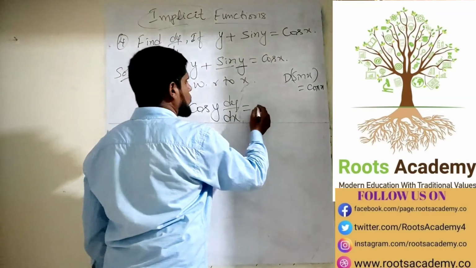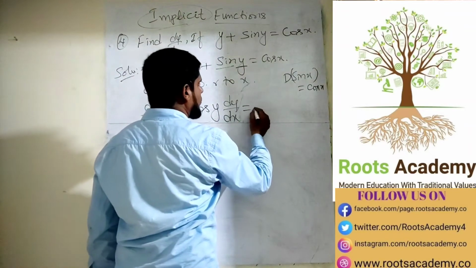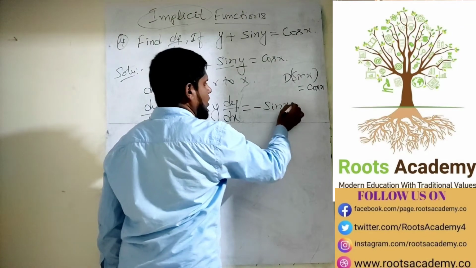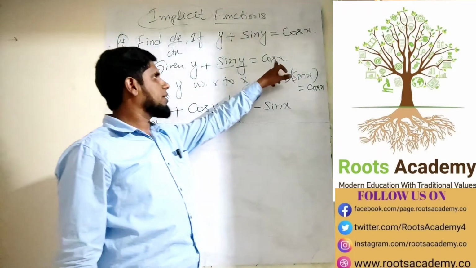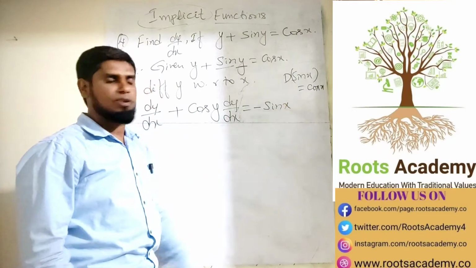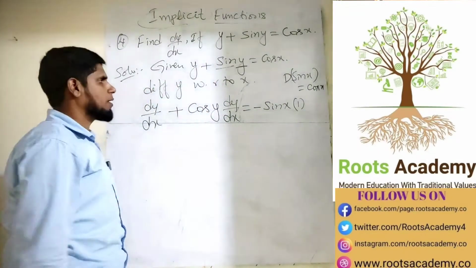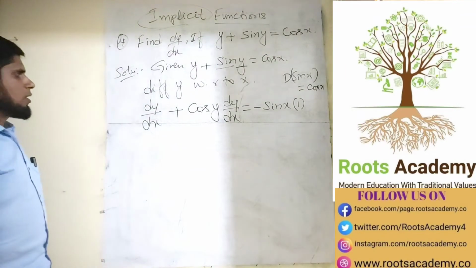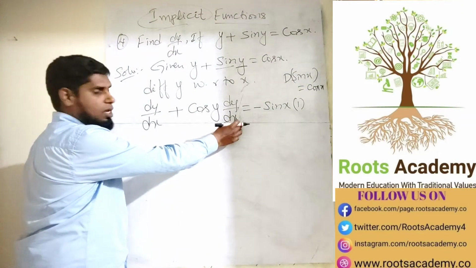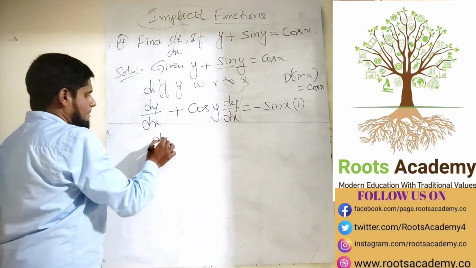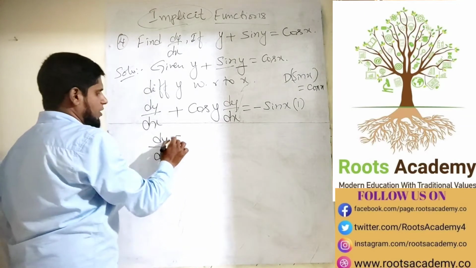This is equals to derivative of cos x is minus sin x. So again, here I am not writing dx by dx, because we know that it is 1. For your reference, I am writing this 1. Now I have two dy by dx terms. Let me take dy by dx common here. What do we get?